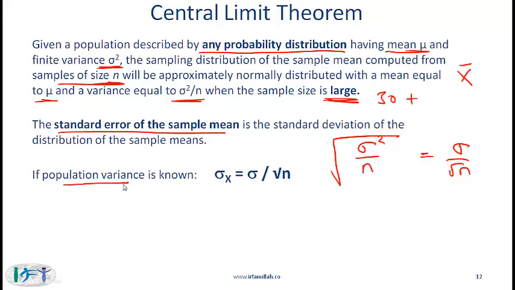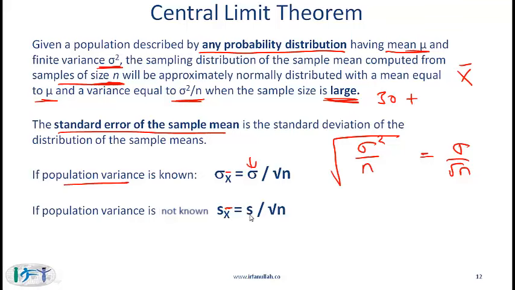If we know the population variance, then we simply plug that here and we compute the standard deviation of x bar, or the sample mean, using this expression. If the population variance is not known, then the standard deviation for the distribution of x bar is equal to s. This is the standard deviation of the sample.